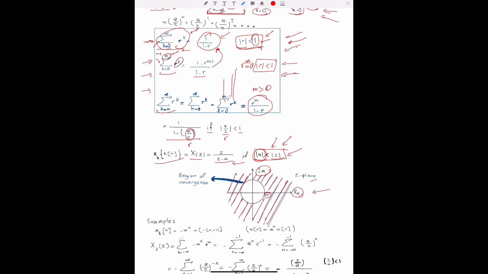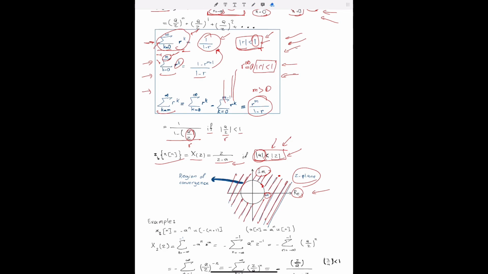Because this is the z plane. So any point here is in the z plane. So this would be the distance, the magnitude of the point z, right? And it's obviously greater than a because it's outside of this circle. And this is the region of convergence. Okay, so we note this as the region of convergence.